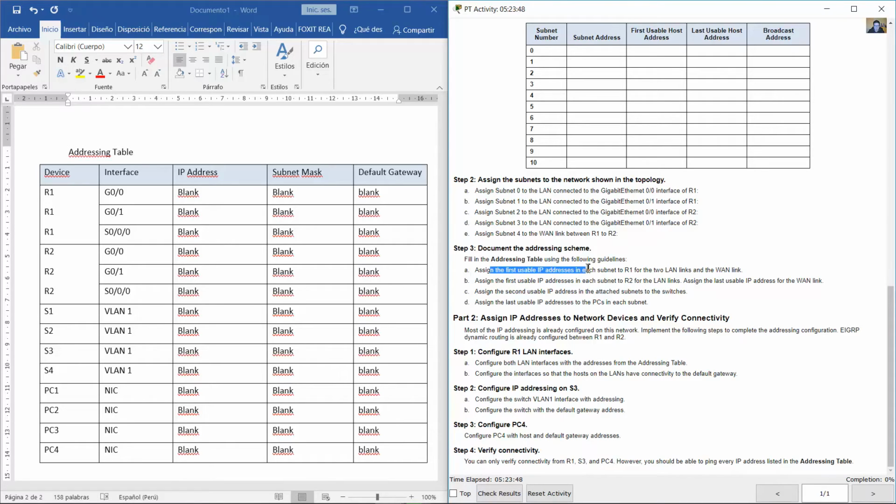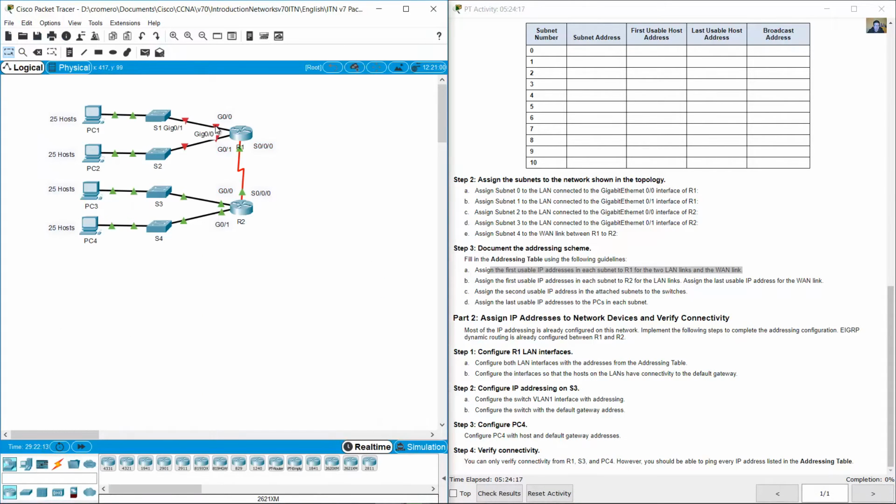First usable IP address in each subnet to R1 for the two LAN links and the one serial link. First IP on this subnet on gigabit 0/0 on R1. First IP on this subnet on gigabit 0/1. And first IP on serial 0/0/0 on this subnet, the one link.